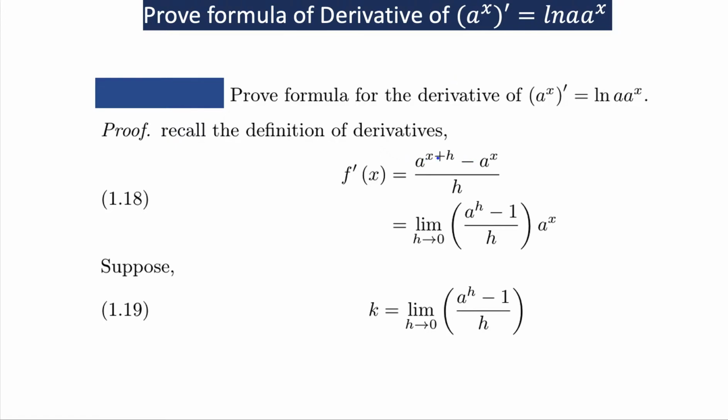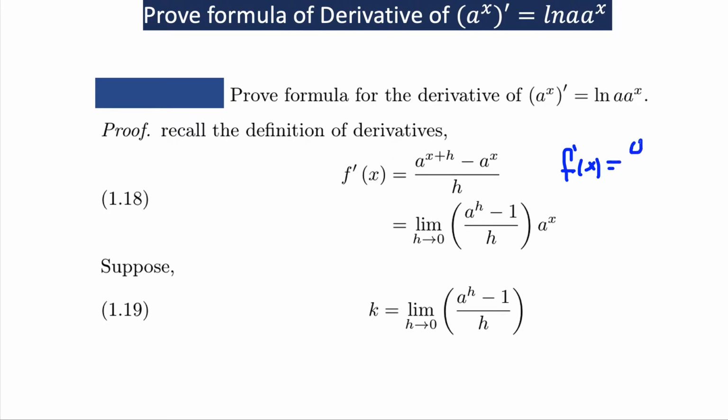When we have this definition, f prime of x, we can write it this way: f prime of x is equal to a^(x+h) minus a^x, divided by h.